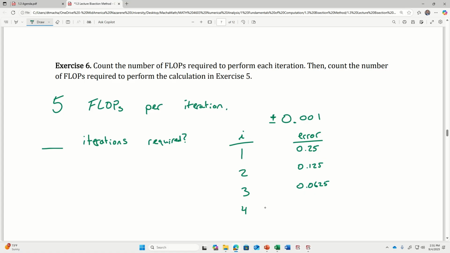So really, the relationship between error and iteration is going to be like 1/2 times 1/2 raised to the power I, because it's another half every time I do an iteration. And I want this to be less than 0.001. And we're trying to solve for this I, right? So multiply both sides by 2.